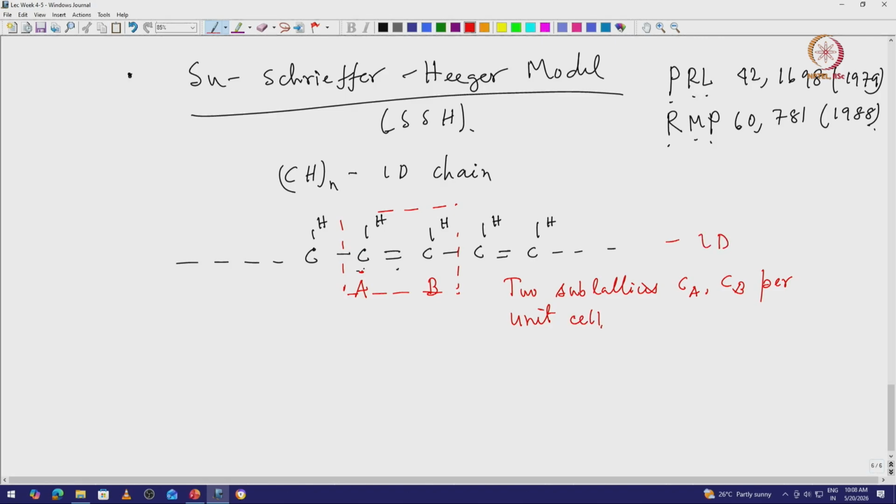So, this is 1D. Okay. And now, from the tight binding perspective, the hopping from A to B, let us call it T, will be different from the hopping from A to B in the neighboring unit cell.